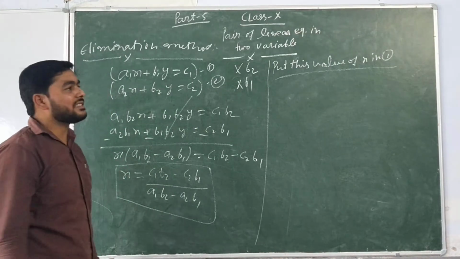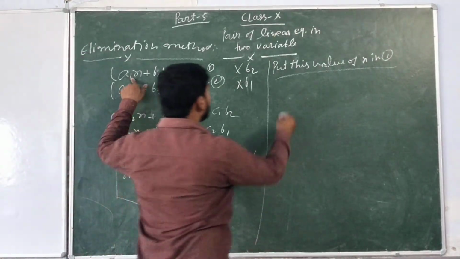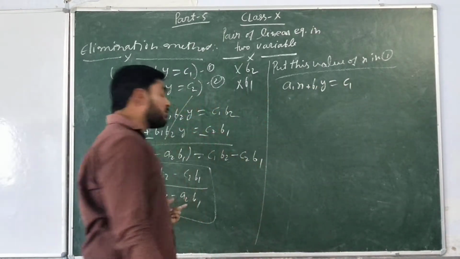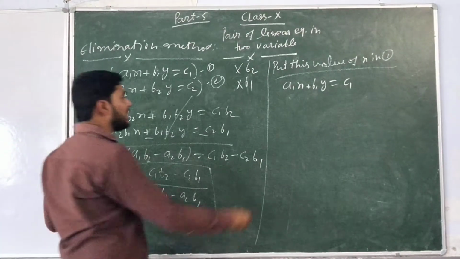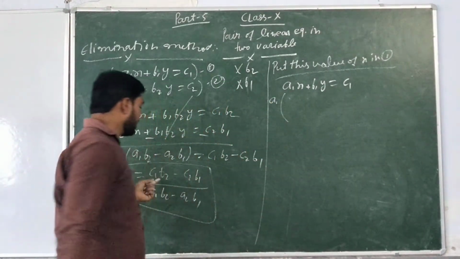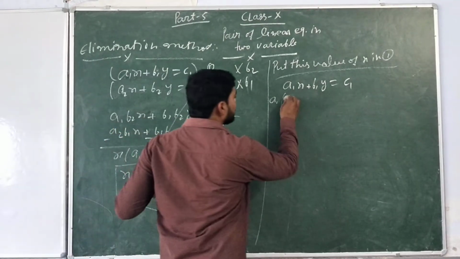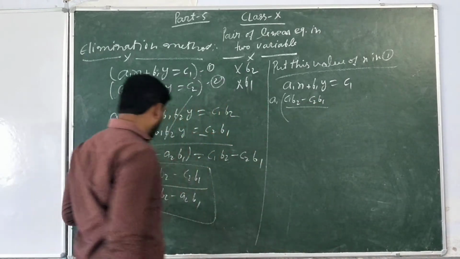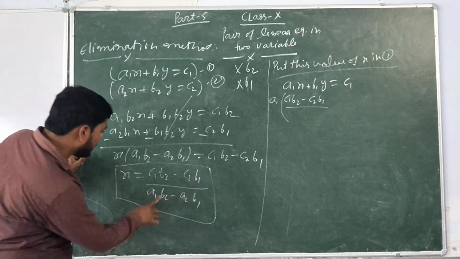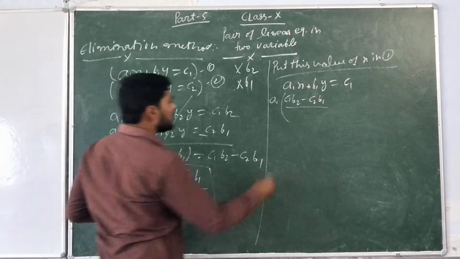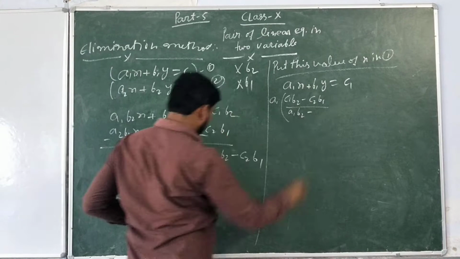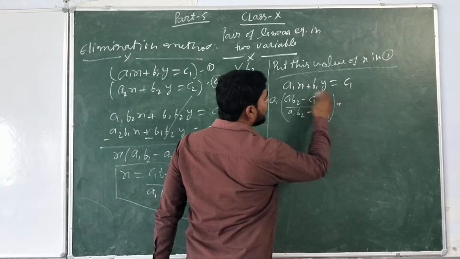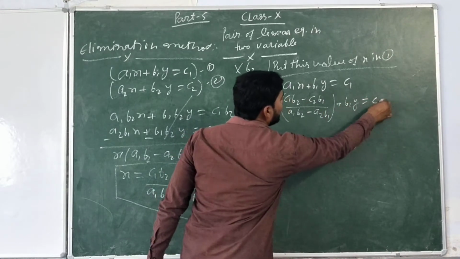If you put this value of x in the first equation, that is a1x plus b1y equal to c1, then you will get a1 into (c1 b2 minus c2 b1) whole upon (a1 b2 minus a2 b1), this is the value of x, plus b1 into y equal to c1.